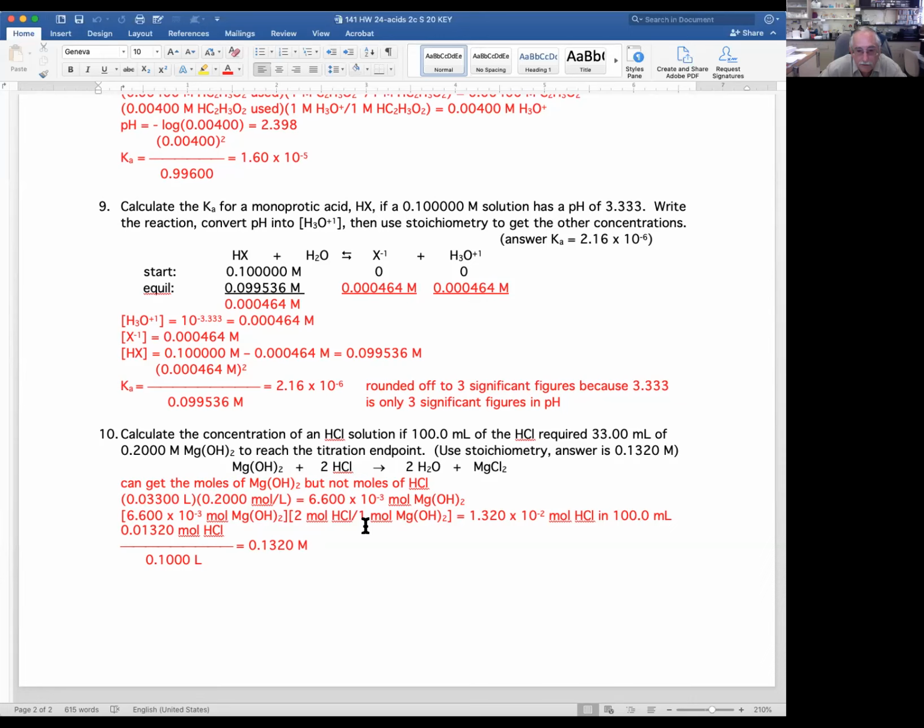That's the stoichiometric conversion factor. Now I have the moles of the HCl. But that, we were told, was in 100 milliliters of water. So to get the concentration, it's simply the moles that I calculated divided by the liters that they gave me. There's our concentration.